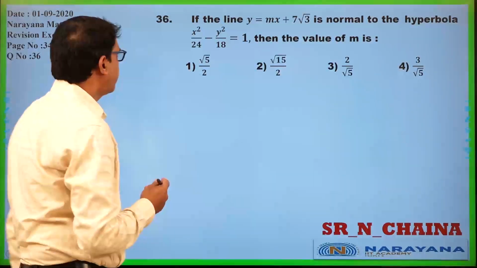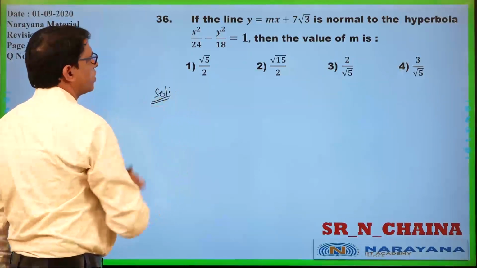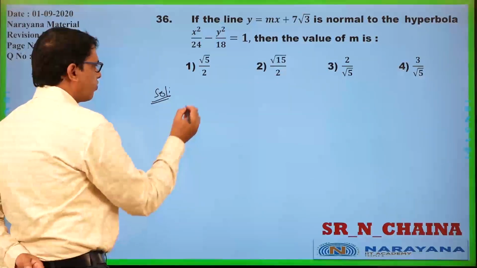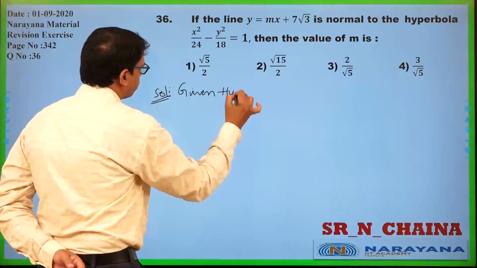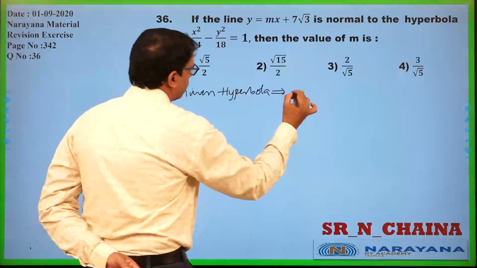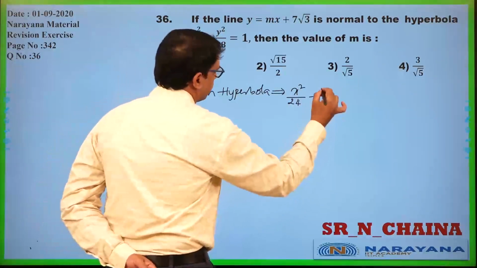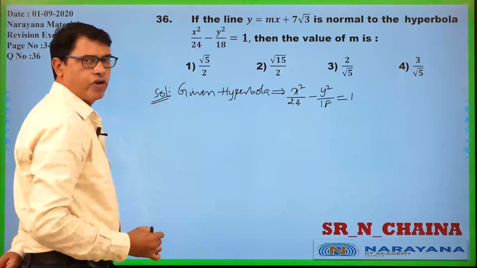See here, first write the hyperbola. The given hyperbola implies x square upon 24 minus y square upon 18 equals 1.